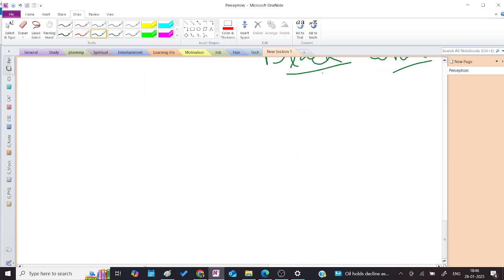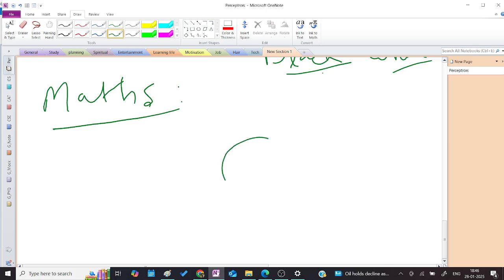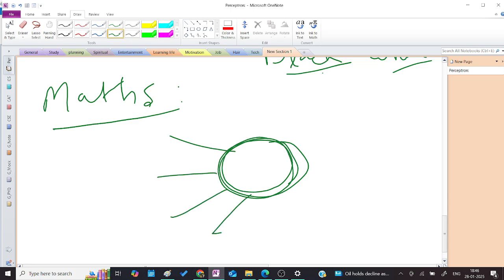So let's go deep into the mathematics part. What we said, this is the body or cell of the perceptron. There are many inputs coming and one output.